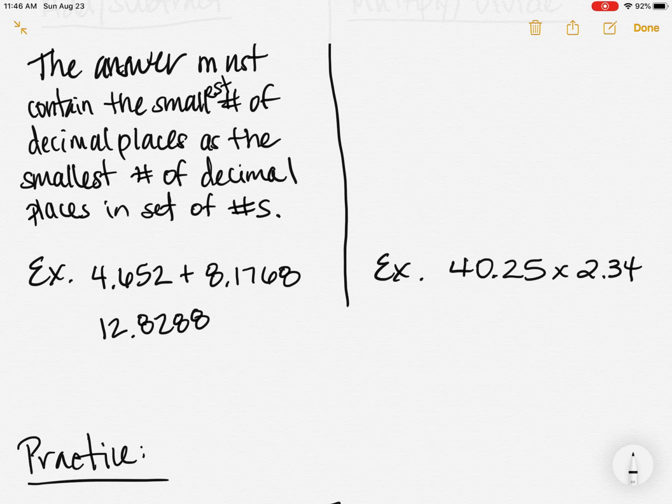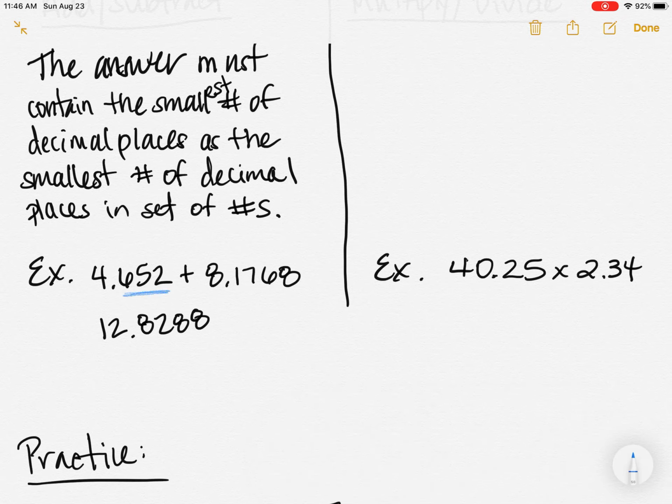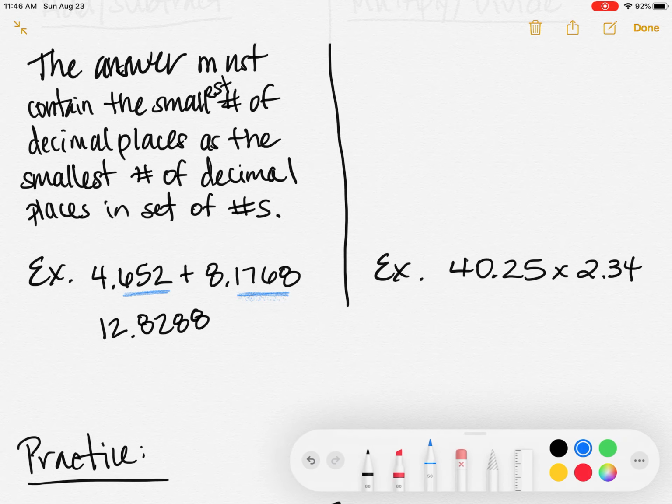So going back to my rule about smallest number of decimal places, what I want to look at is that this number contains 3 decimal places, while this number contains 4. So since I have 3 decimal places and 4 decimal places, my rule says the answer can only have the smallest number.